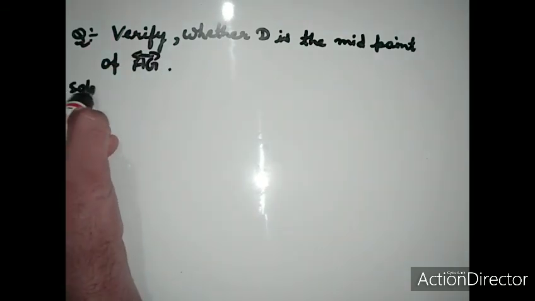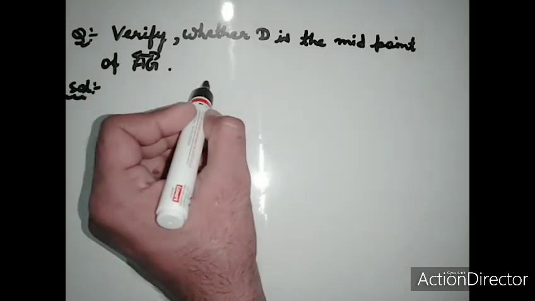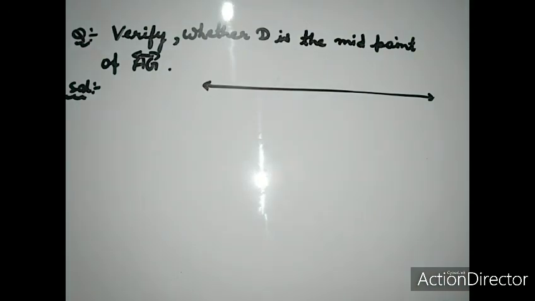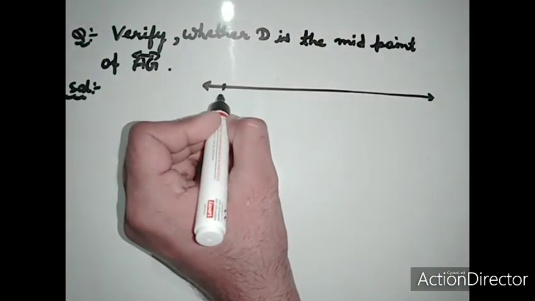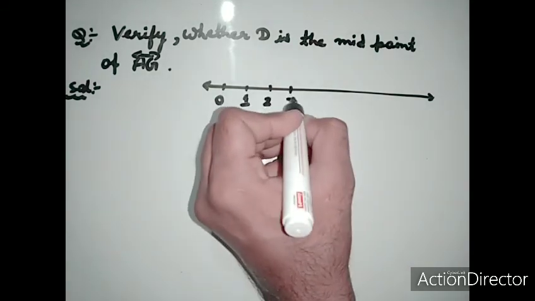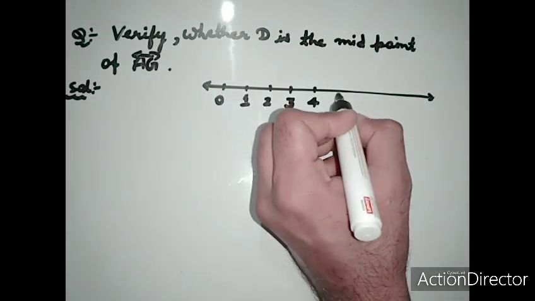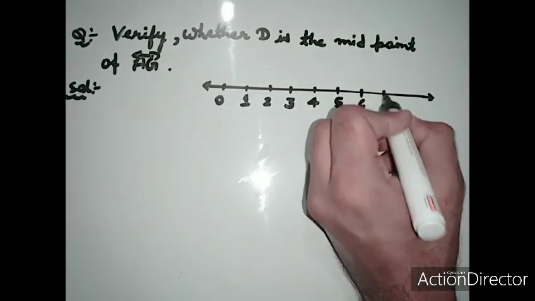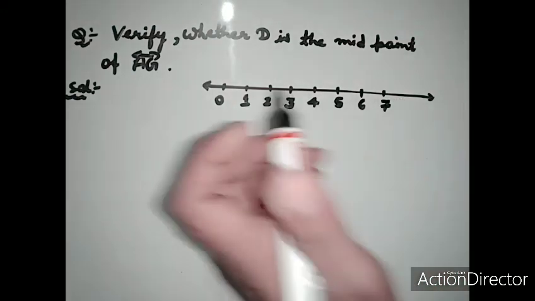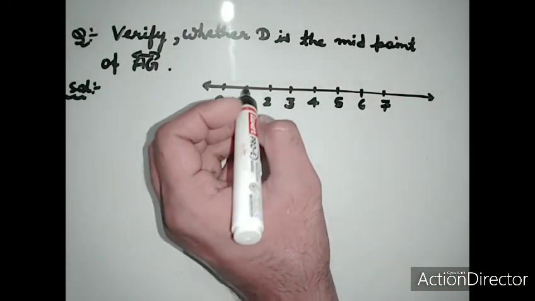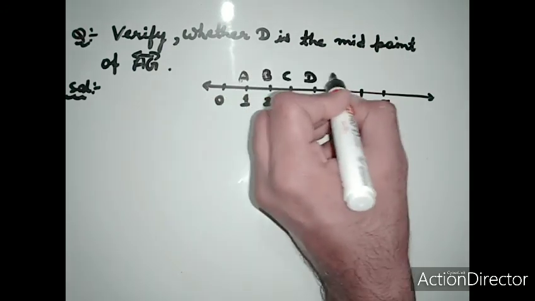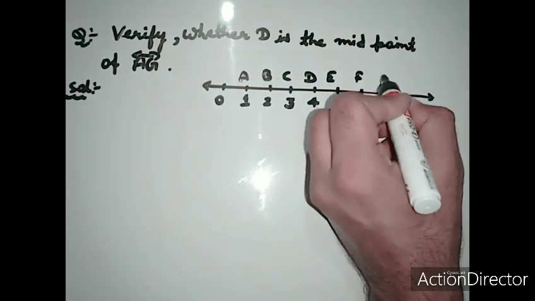Okay, so the figure of this line is already given here, and here is 0, 1, 2, 3, 4, 5, 6, 7, right? There are a total of 7 points here, and here we write A, B, C, D, E, F, G.